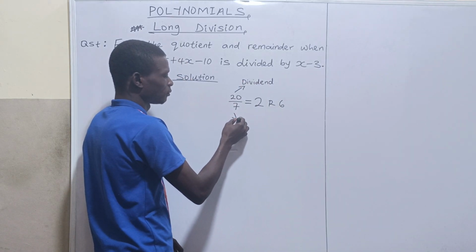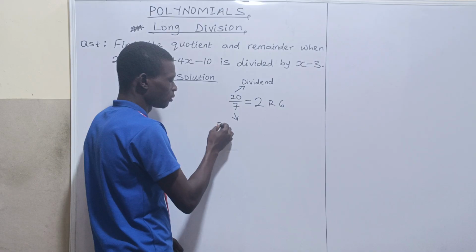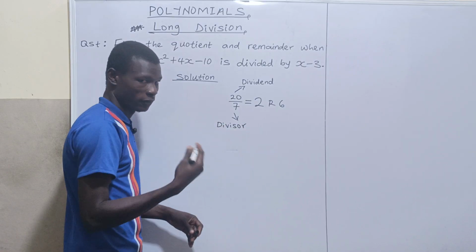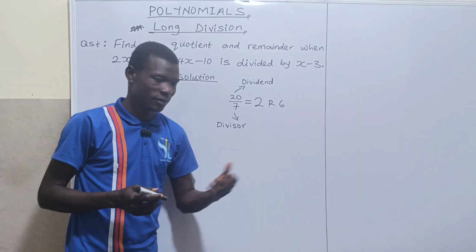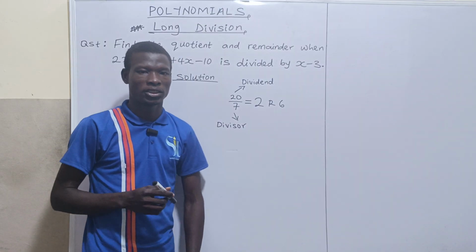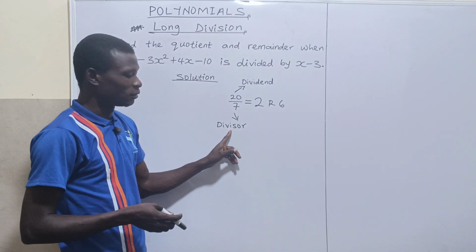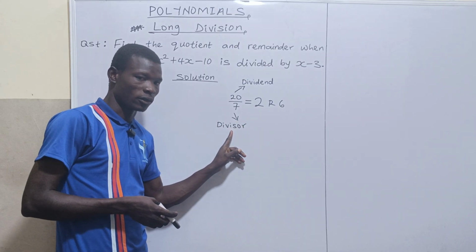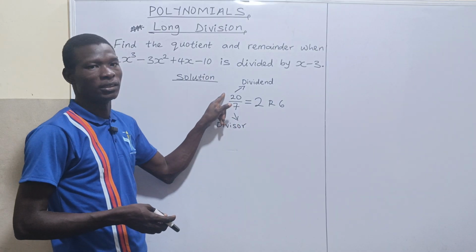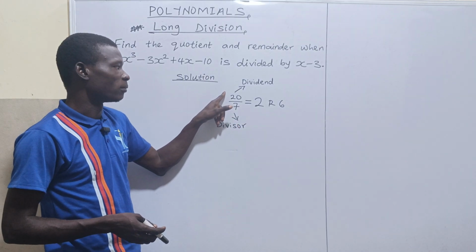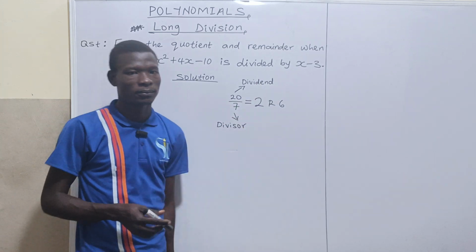And the 7 is called the divisor. It's called a divisor, of course, because it's the smaller number that is dividing the bigger number. So the bigger number to be divided, or the one on top, is called the dividend.